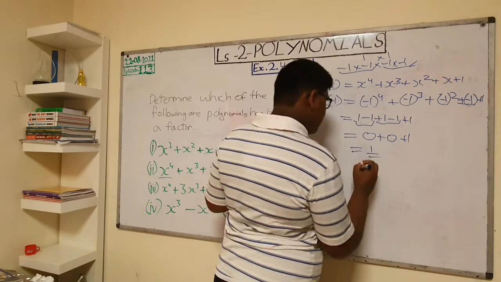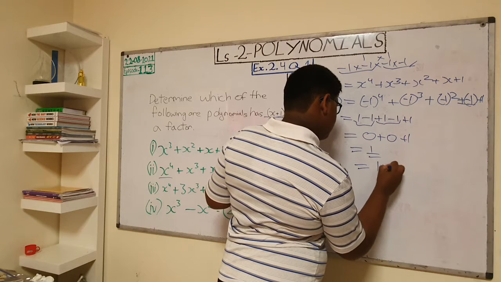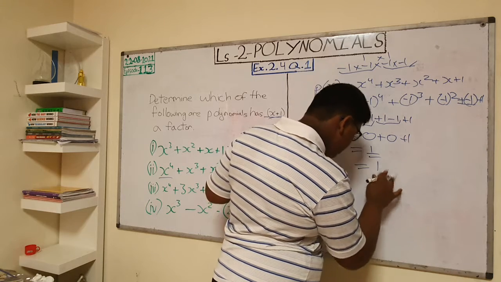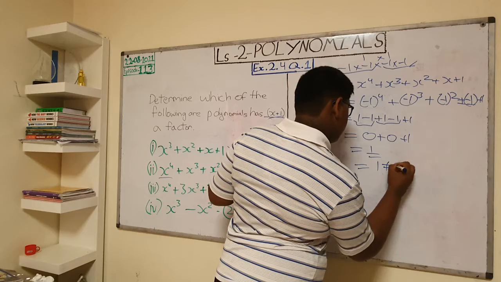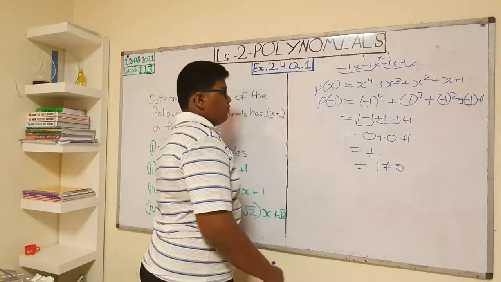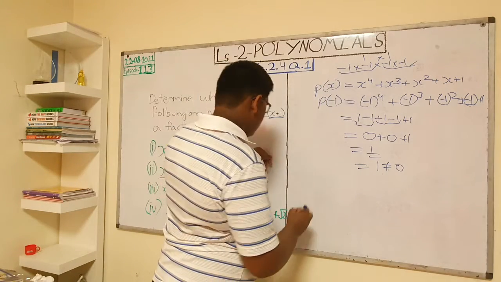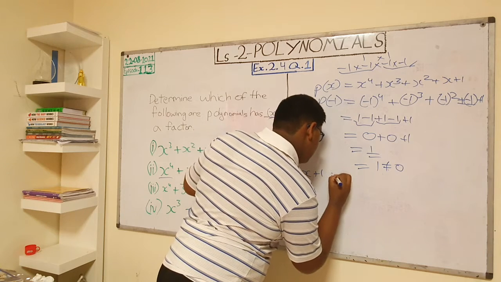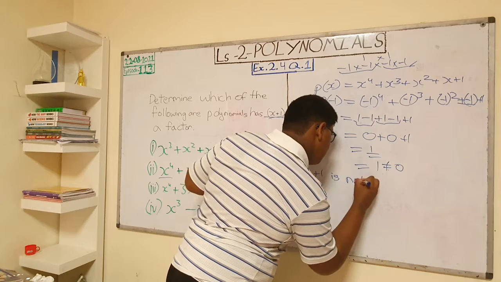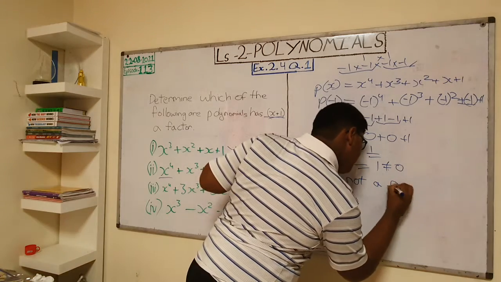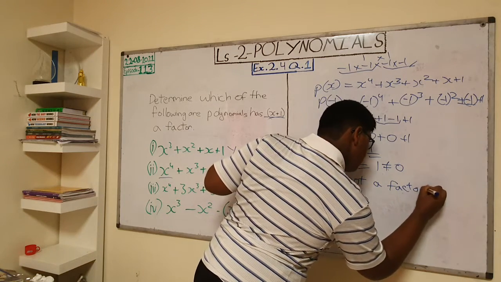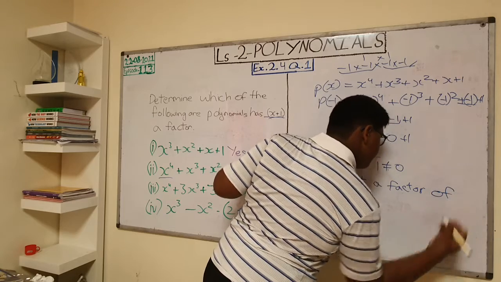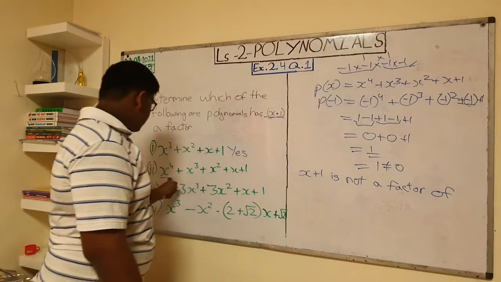So we can tell that 1 is not equal to 0, right? So we can tell that x plus 1 is not a factor of, we can write the same question, right?